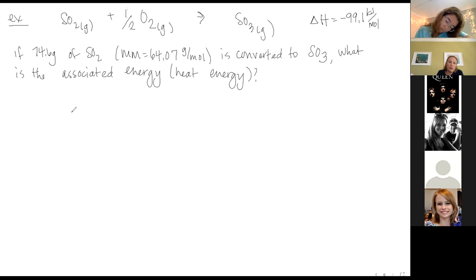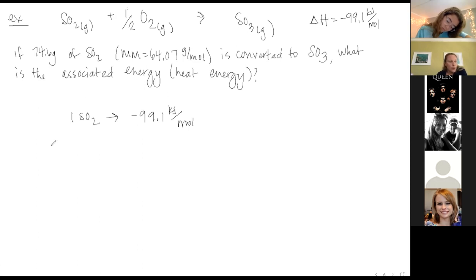We know that for every 1 mole of SO2 that is reacted with oxygen, it releases minus 99.1 kilojoules of energy, right? Or I guess you could say absorbed. Let's just not name it, because that gets confusing. That energy is released, but it's negative energy. So if you're releasing negative energy, you're actually absorbing that energy, which just gets confusing.